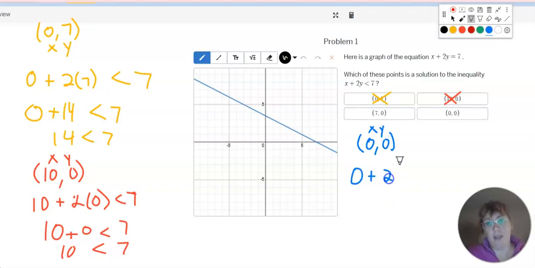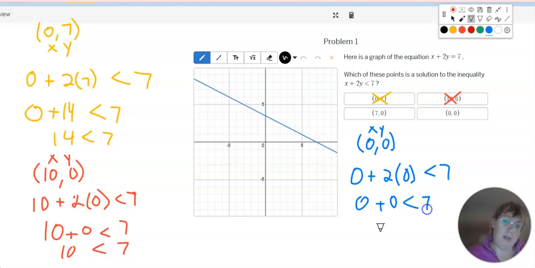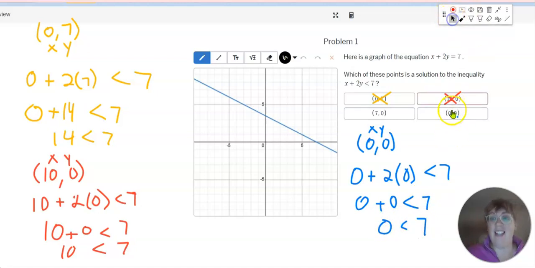So we have 0 plus 2 times 0 is less than 7. 0 plus 0 is 0. And finally, that is less than 7. Yay! So that one does work for question 1. So go ahead and plug that in and then push ahead to slide 3.